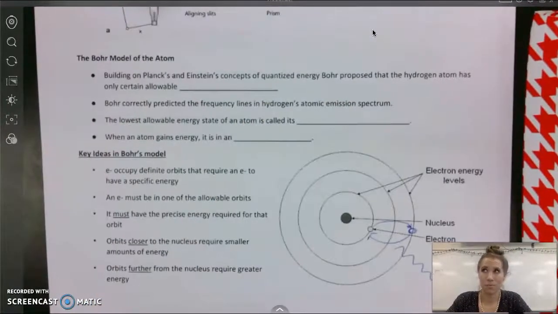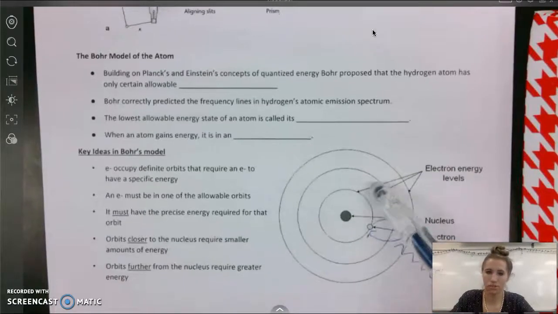So, what must be going on then? Bohr comes along and has this idea that electrons reside within specific energy levels, and that they can't exist in between these energy levels. They're not going to transition gradually from one to another.